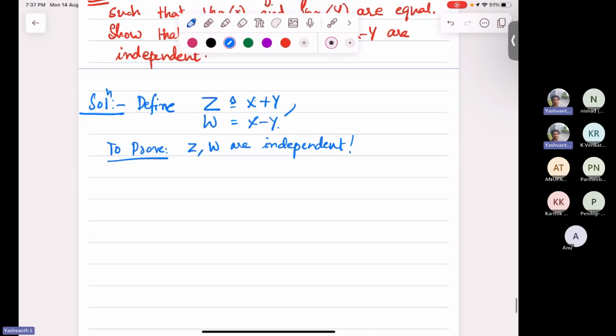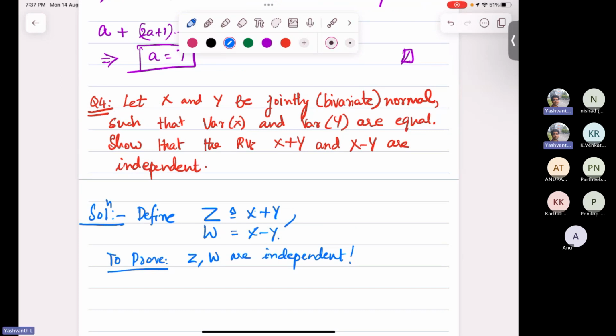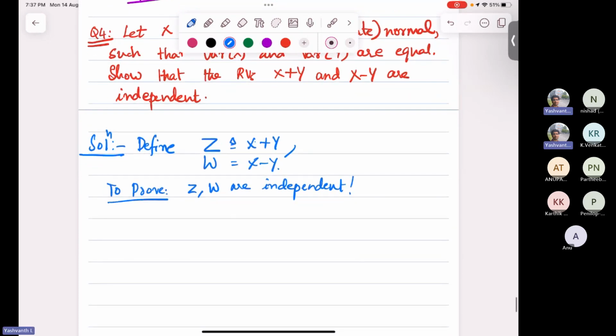How to prove? First, let us establish that Z and W are jointly Gaussian. What is given? X and y are jointly Gaussian. Then the strategy is to just prove that covariance of Z and W equals 0. If I prove that, since Z and W are jointly Gaussian, they are also independent. That's all. Proof is over.